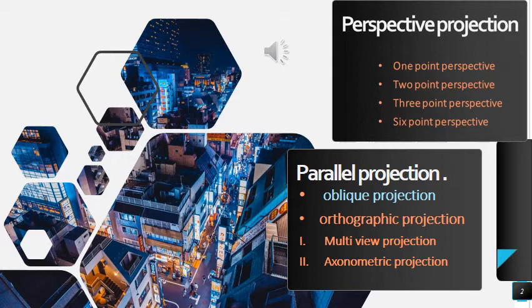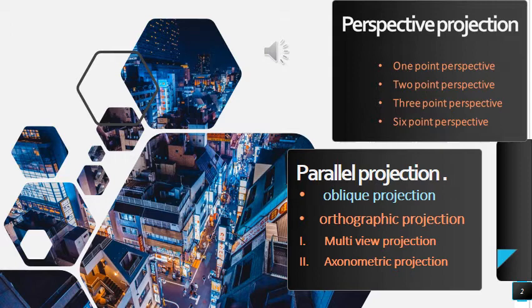In the next projection, parallel projection, all the lines are parallel to each other. It means the angle of the line is defined, and all the drawing is based on that line and that angle. The two major basic parts of parallel projection are oblique projection and orthographic projection.